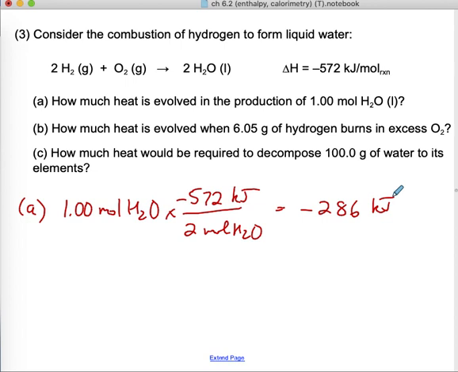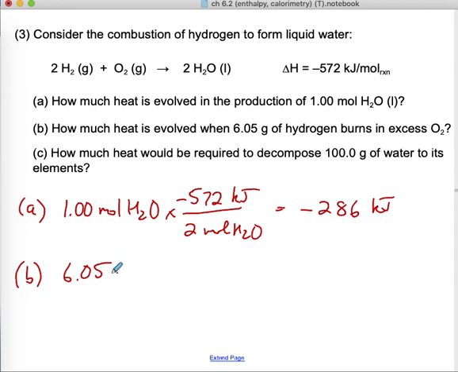Now, it says how much heat is involved in the production of 1 mole of water. If you had simply said the net heat produces 286 kilojoules, that would be fine, but I like putting the negative sign there to remind myself that it's an exothermic process. How much heat is involved when 6.05 grams of hydrogen burns in excess O2? Well, I'm given grams, so of course I'll have to convert that to moles.